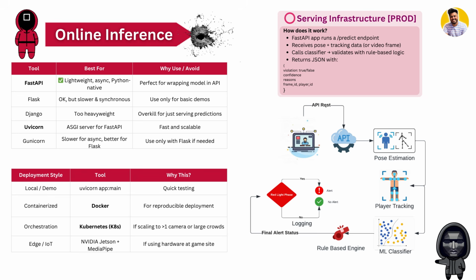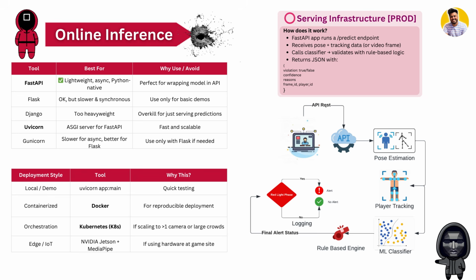So for the servers we can use Uvicorn, an asynchronous server gateway interface server for FastAPI, which is fast and scalable for our use case. The other one is Gunicorn, which is slower for asynchronous work but better for Flask, and is only used with Flask if needed.